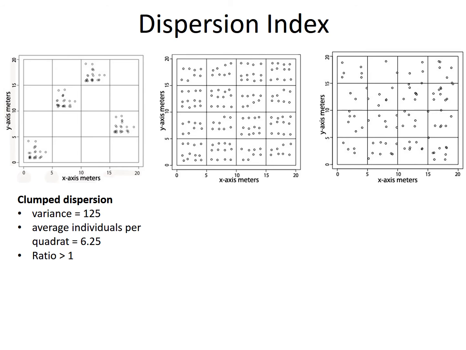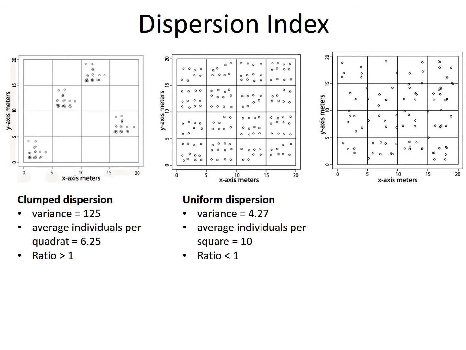Variance is representing the variability in the abundance of the species in the different quadrats. And because this variance is so high, we see a really large ratio, a ratio of 125 to an average of 6.25. So we have a ratio much bigger than 1, indicating a clumped dispersion.